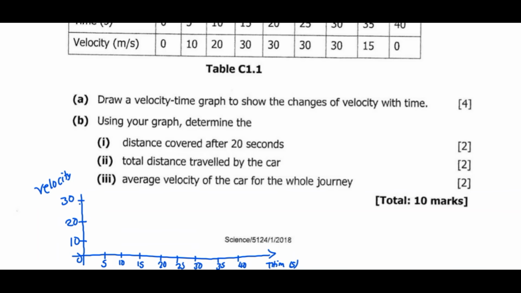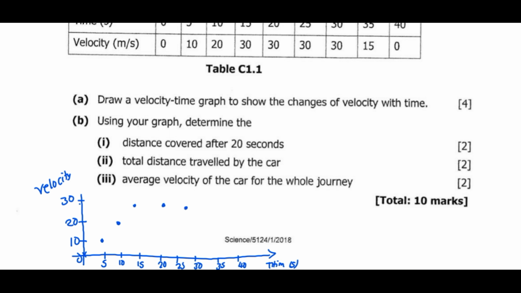Let's look at the first one. The first one is 0,0. The second one is 5,10, so 5,10 is here. The second one is 10,20 here. The third one, 15,30 here. Then 20,30 here. You can see that here the velocity is constant. Then 25,30, it's here.